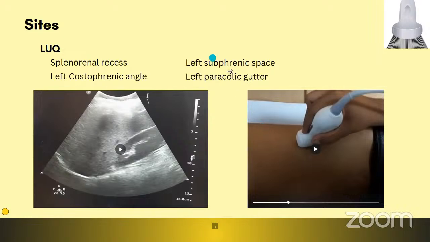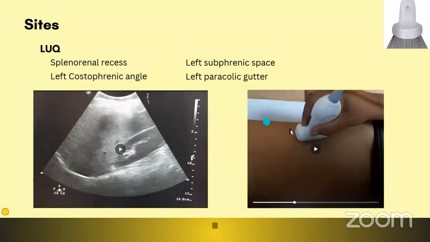Fine. Is there any doubt here? Okay, let me repeat again. When compared with the right upper quadrant, the left upper quadrant should be examined in the ninth to 10th intercostal space, in the mid-axillary line, slightly more posterior than what you do in the right upper quadrant, till you get the spleen and left kidney in the same plane, in the same screen.